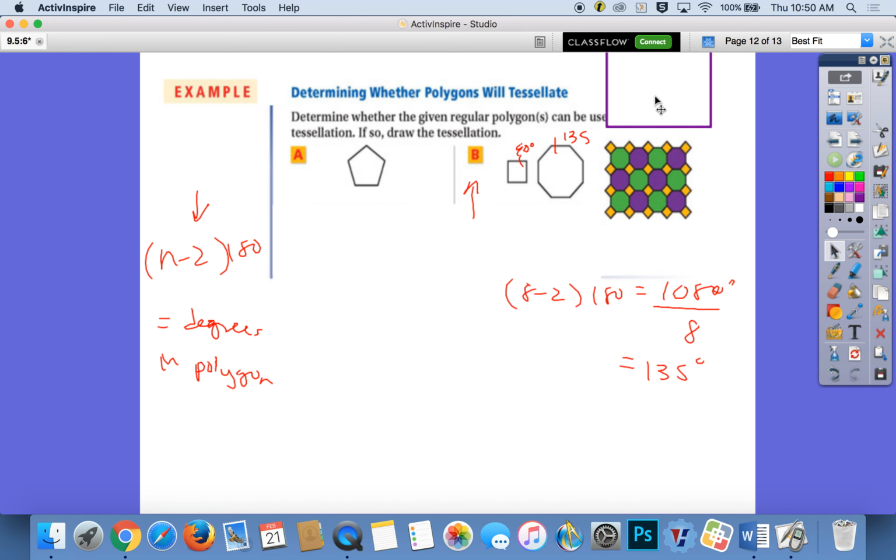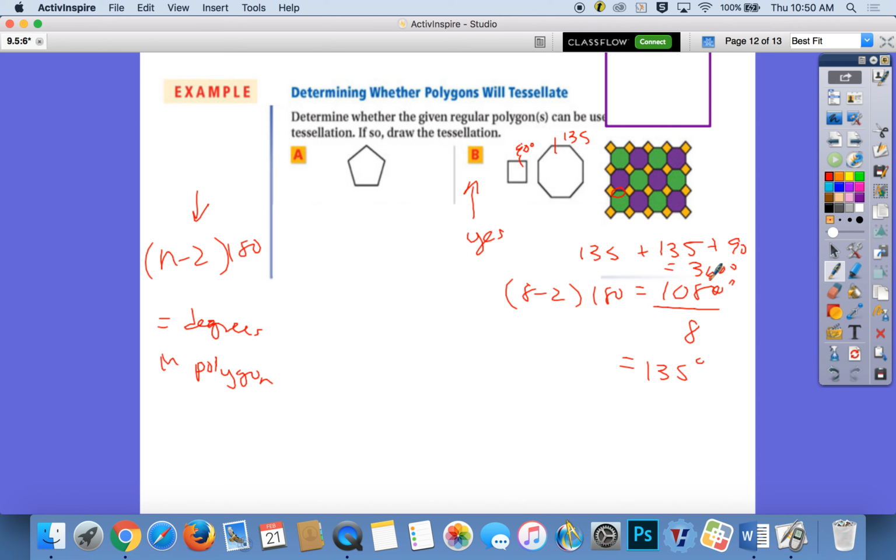For the sake of space, I'll let you see the drawing instead of drawing it, but you can do some sketches. What happens at this vertex? I have 135 degrees plus 135 degrees plus 90. What does that add up to be? 360 degrees. So yes, based on that, I can make a tessellation. Again, the 360 degrees is what I'm looking for.